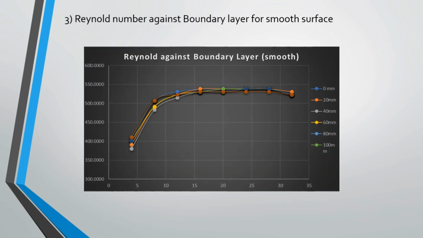The third graph is the Reynolds number against boundary layer for smooth surface. So computing the Reynolds number for every set of data, we found that the thicker the boundary layer, the Reynolds number increases due to the increase in velocity.